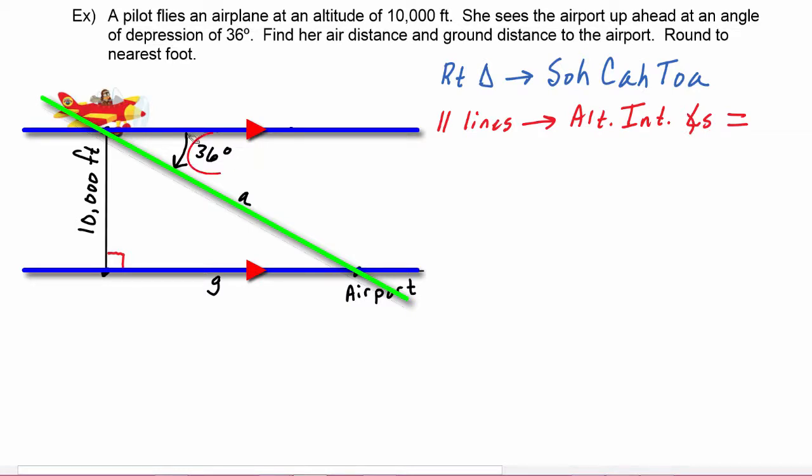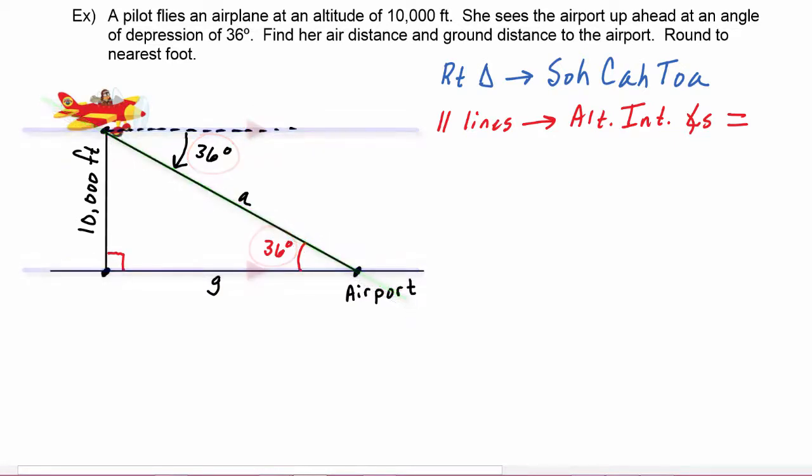So if this angle of depression is 36 degrees, then that means this angle inside the triangle is going to be 36 degrees. Now that we have an angle inside our triangle, we're going to be able to solve for the missing sides.